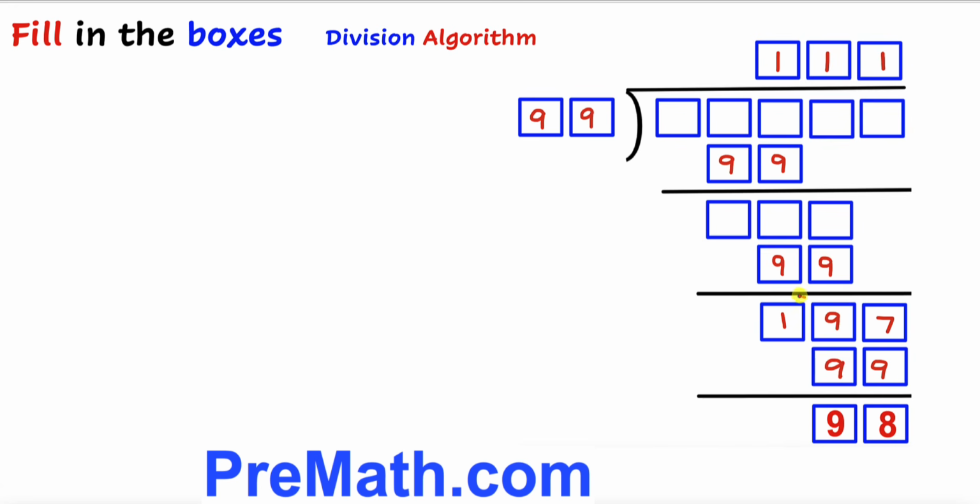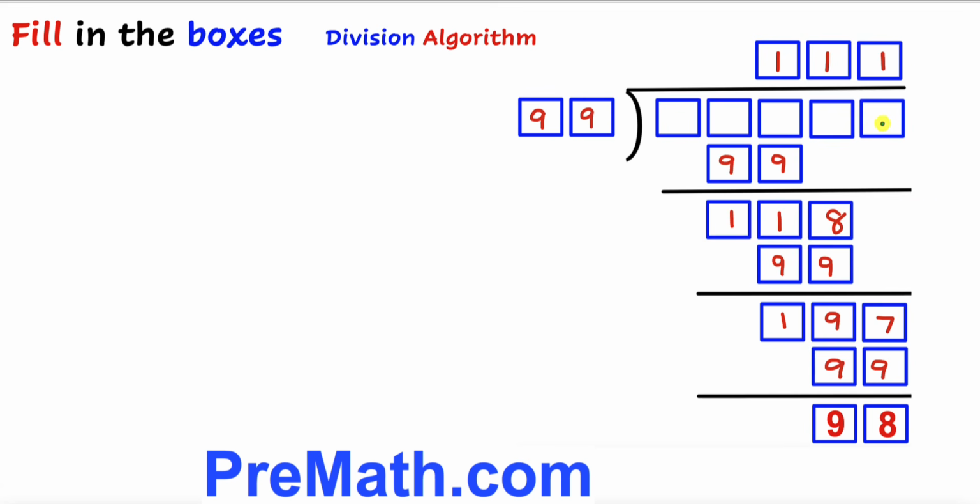And now we are going to focus on these 2-digit numbers, which is 19, and this 2-digit number is 99. And if we add 99 and 19, we are going to get 118.